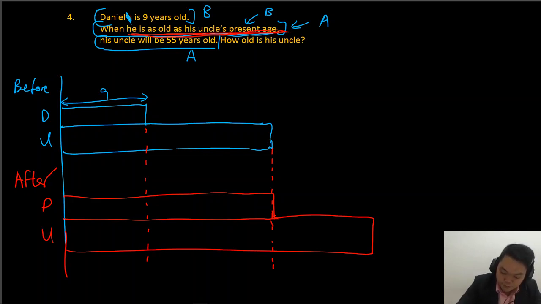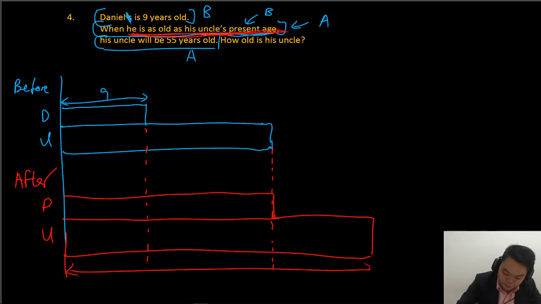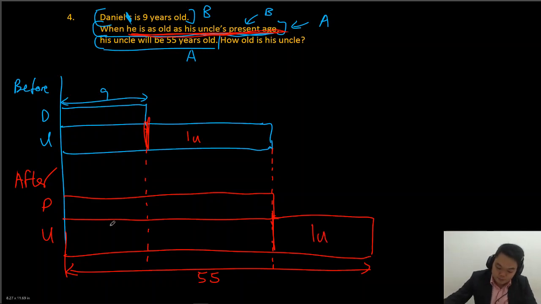Okay? So this age difference between them, okay, the uncle is going to become 55 years old. And this age difference between them is always going to be the same. Correct?